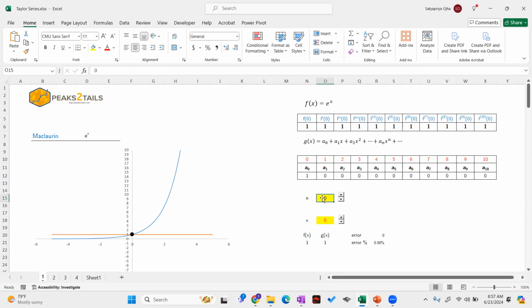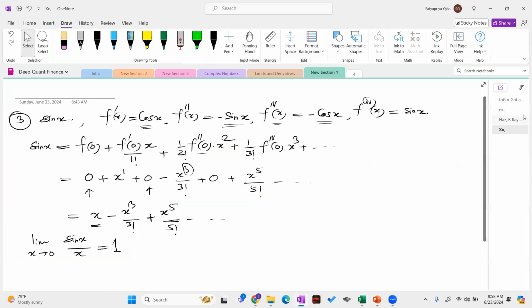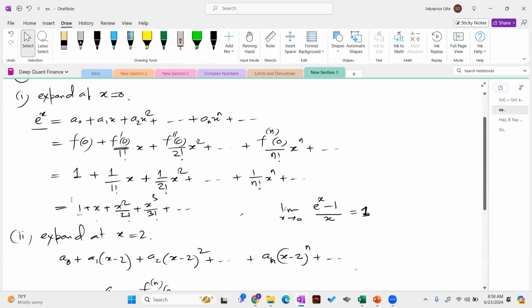Right now, n equal to 0. That means I have only included a0. a0 is 1. Correct? So if I go back to the expansion, we are using this expansion. Okay? First term is 1.